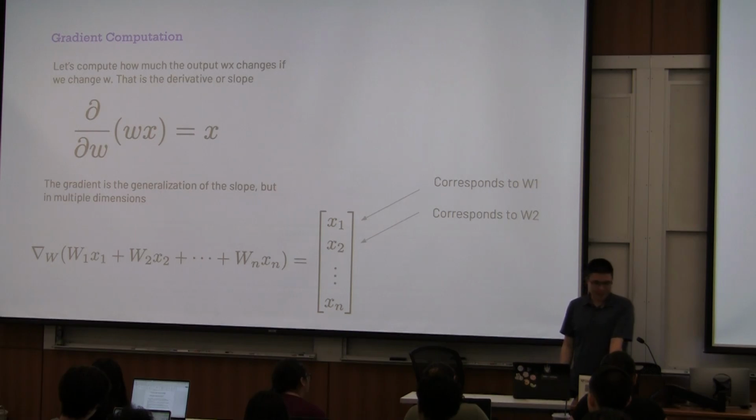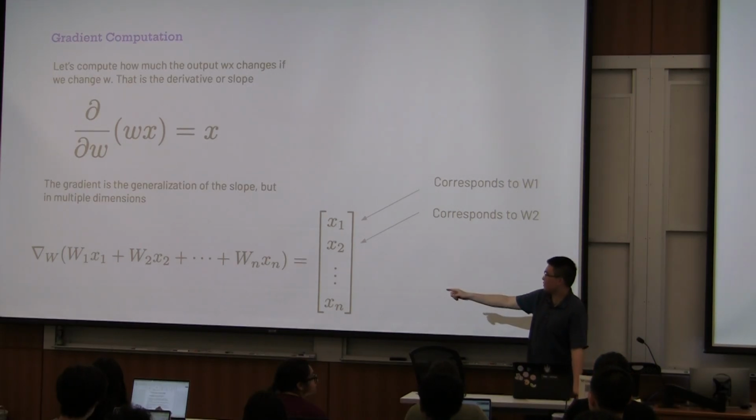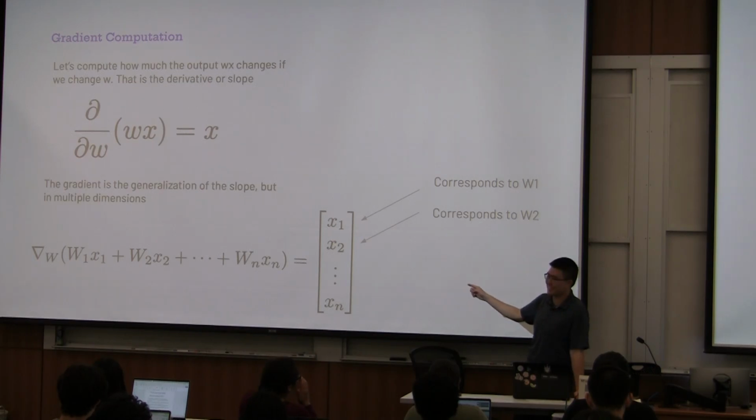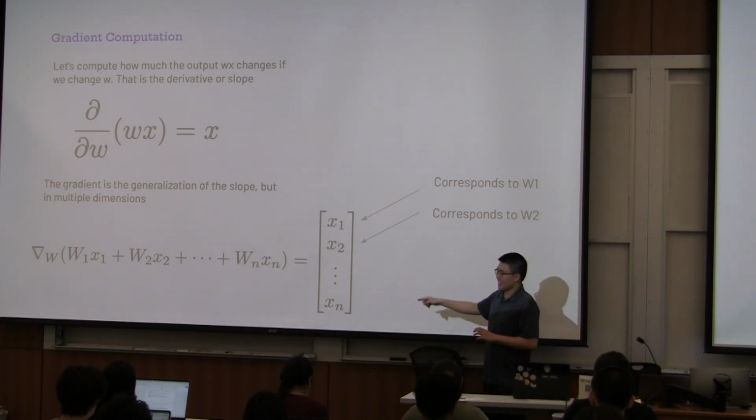Okay, now what if we want to compute that on a vector? So capital W is a vector, and we're computing the gradients over w1 x1 plus w2 x2 plus dot dot dot plus wn xn. What that means is, what is the change in the output if I modify each element of w? So we get a vector as the output.